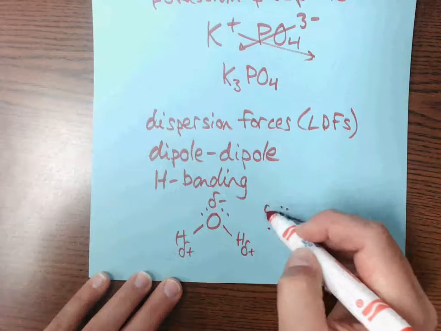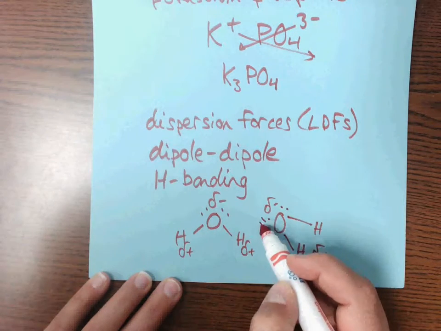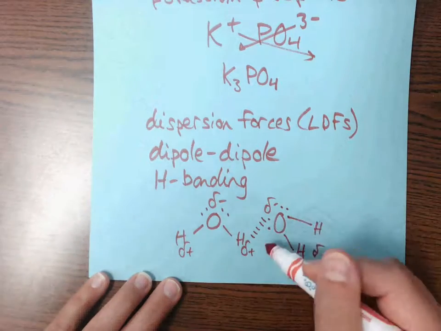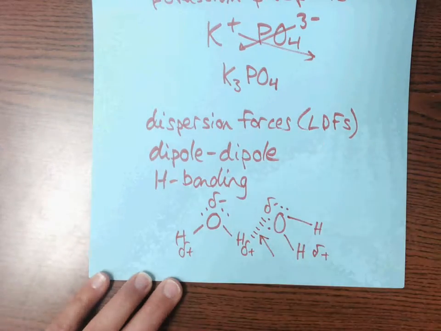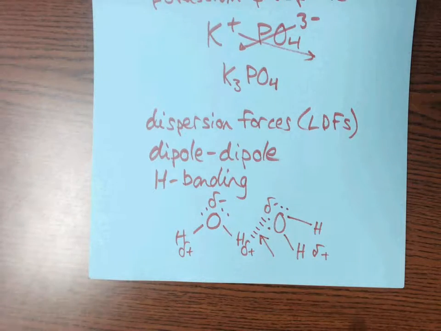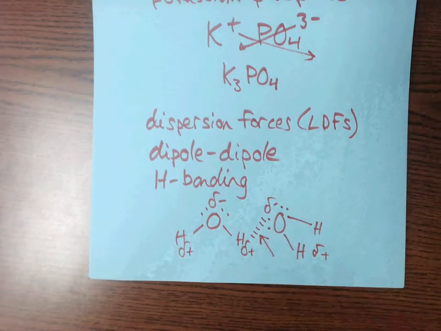So this negative end here is going to be attracted to this positive end here, and that little dashed line is indicating that hydrogen bond. Okay, hydrogen bonds are what account for surface tension and viscosity of different substances. So that would be our hydrogen bond.